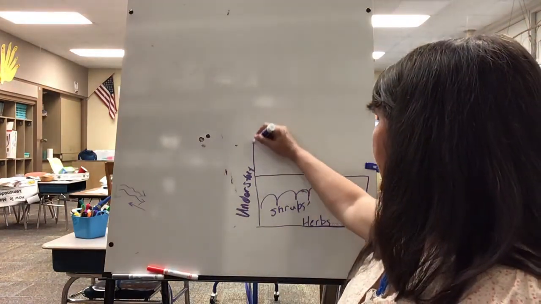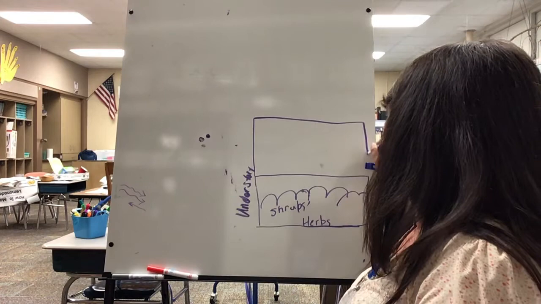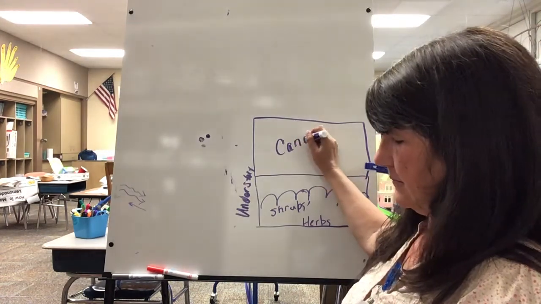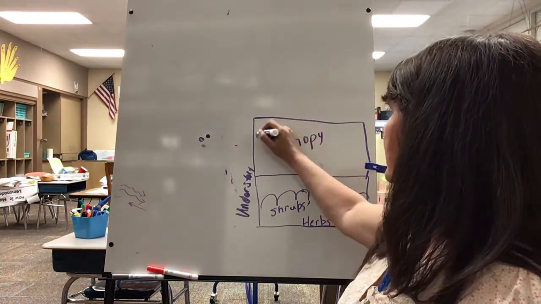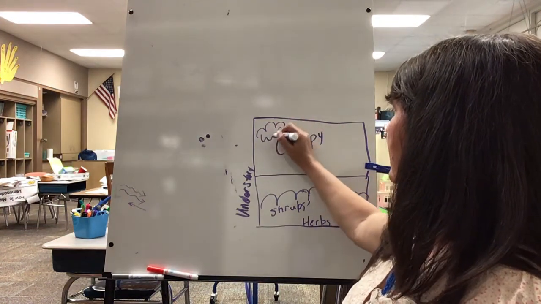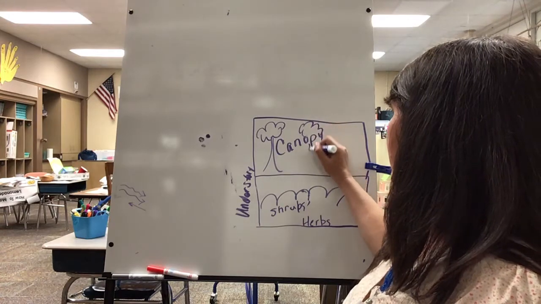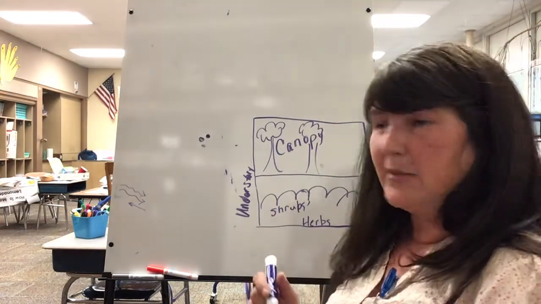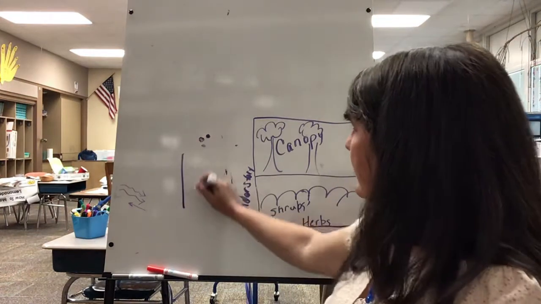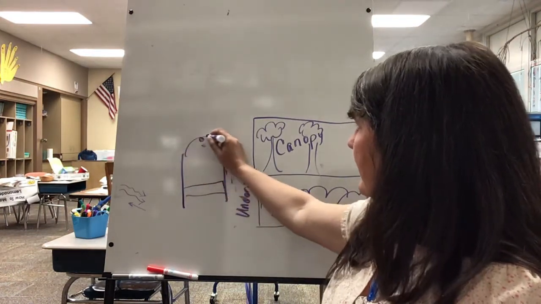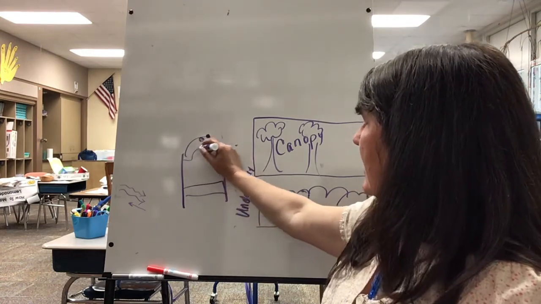And then you have your canopy. And that's where the treetops are. And there's more to it than this, but just imagine this is where the trees come out. I always think about, you know, my cousin used to have this bed, and her bed was shaped like this, and it had this piece of fabric on top, and that was a canopy.